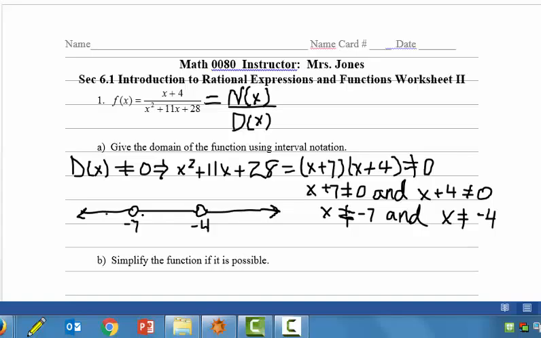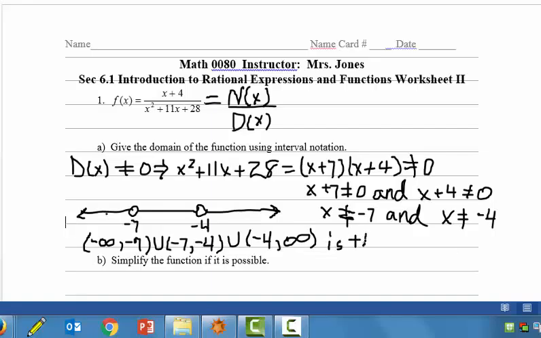So these are the only two values x cannot be, but x can be anything to the left of negative 7. That's shown in the interval negative infinity to negative 7. Anything between negative 7 and negative 4, which is the interval negative 7, negative 4, or anything bigger than negative 4. So that's the interval negative 4 to infinity. So this is the domain of f of x.